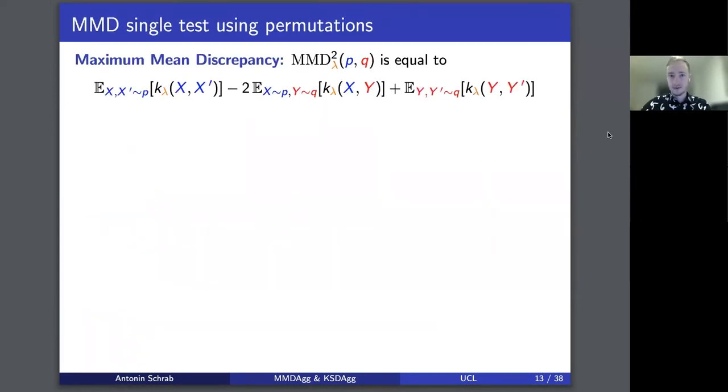All right, so now let me introduce the two-sample MMD test for fixed bandwidth.